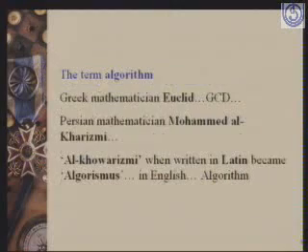Next, friends, I'd like to discuss briefly how this term algorithm, which, as I mentioned in my previous lectures also, is a fundamental concept. I mentioned that the term algorithm is a central concept.